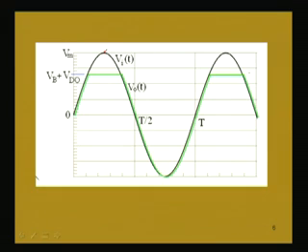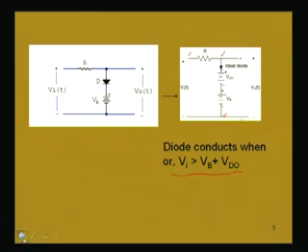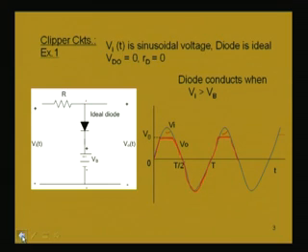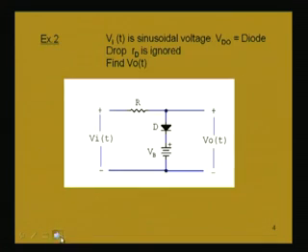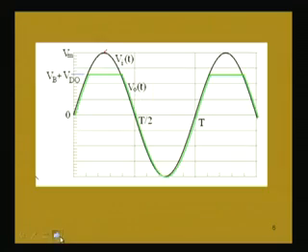So, we see now the effect of that Vd naught, the diode drop, which was ignored in the first example, but now we are considering. If you compare these two plots, there it was cut at Vb, that means the upper portion from Vb was clipped, but because of this diode drop, now the upper portion from Vb plus Vd naught will be clipped.